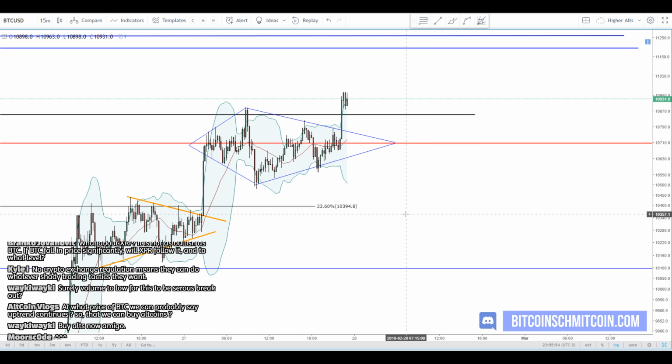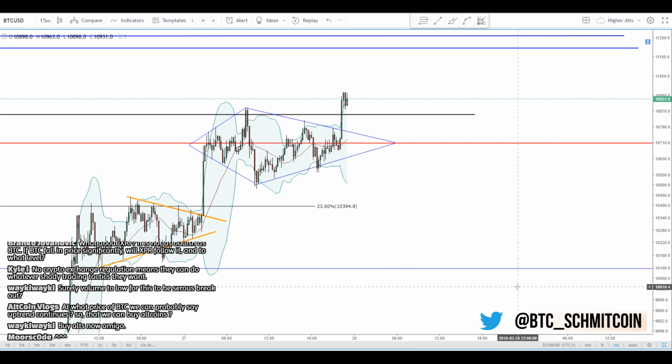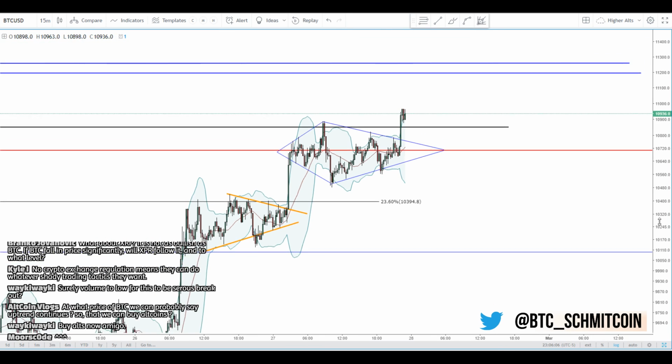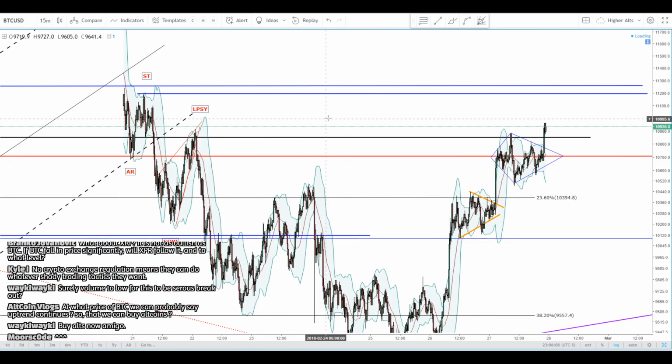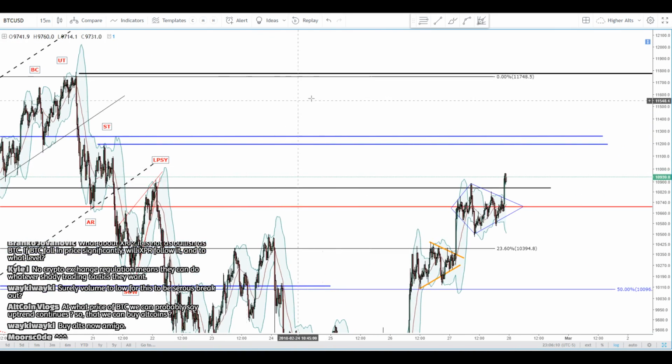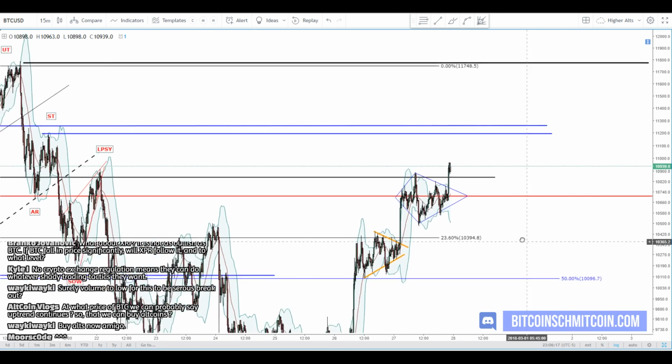At what price of Bitcoin can we probably say the uptrend continues? If it makes a new high and finds support there, so if it breaks this band right here and finds support.